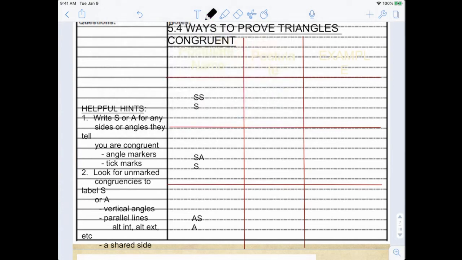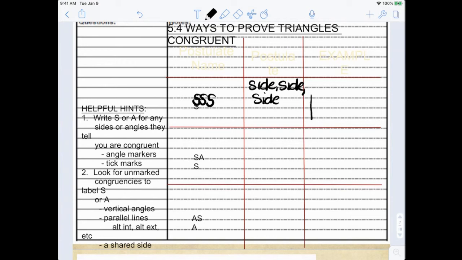So the first postulate or way we are going to be able to prove that two triangles are congruent is called SSS. That would be side, side, side. What that means is all three sides of one triangle are congruent to all three sides of another triangle.